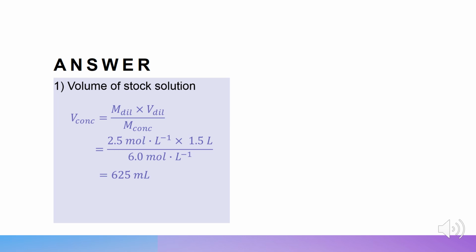For the second question, what is the volume of water needed for the dilution of 100 ml of 2 molar HCl to become 0.5 molar? In order to determine the volume of water, calculate the volume of dilute HCl by using the dilution formula.